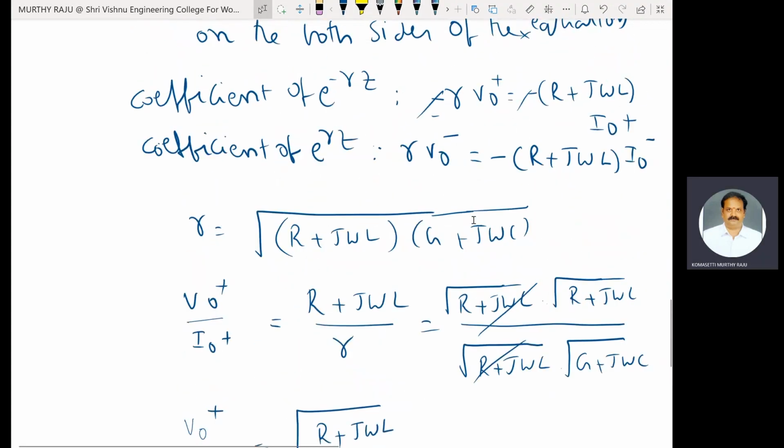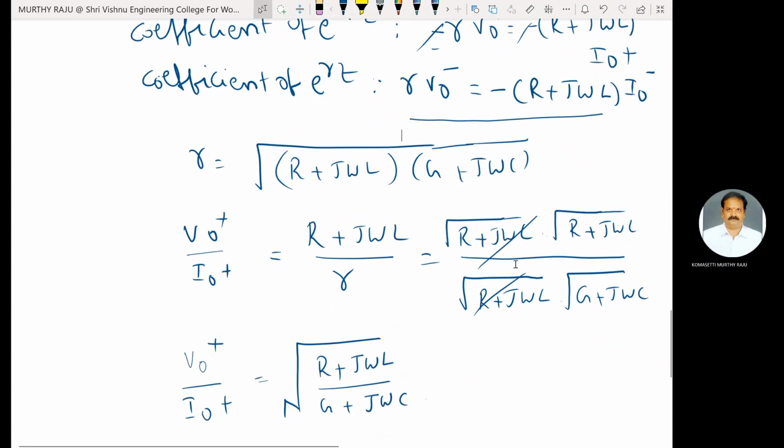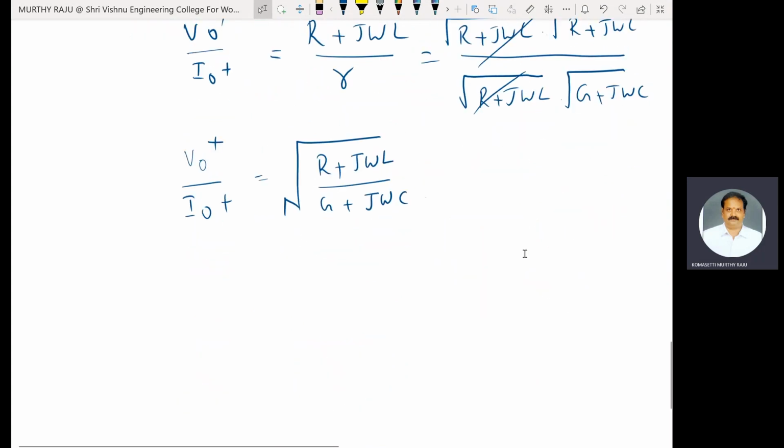And consider the coefficients of e power gamma z: gamma V0 minus is equal to minus (r plus j omega L) I0 minus.